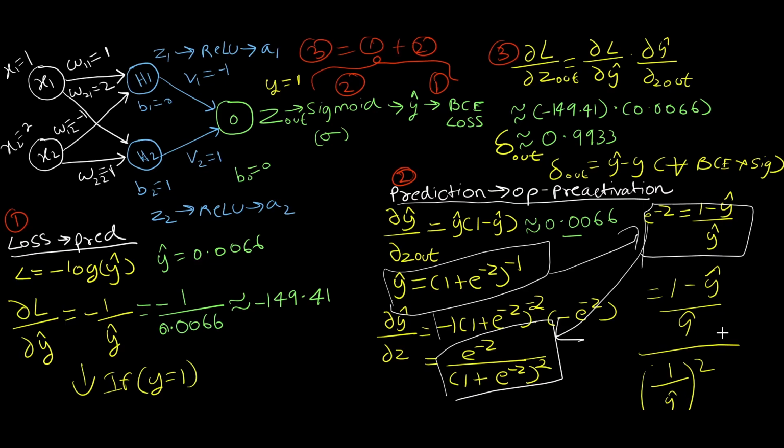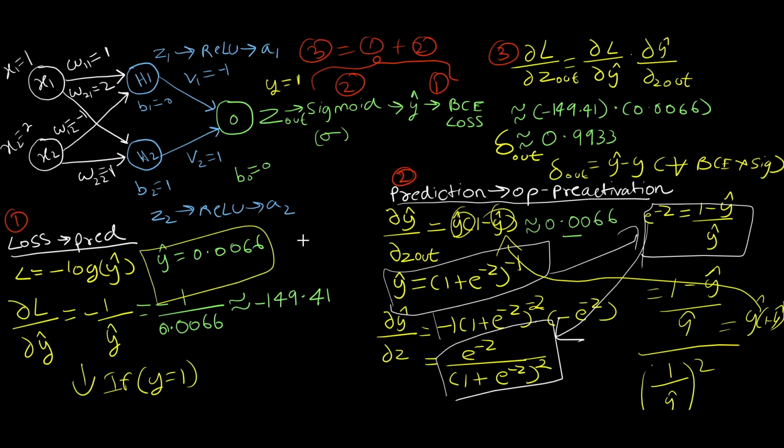If we simplify this again, we will have the same thing, y cap into 1 minus y cap, which is what we got here. So we have the y cap value already. So what we're gonna do is substitute this here and multiply in order to get this gradient value.